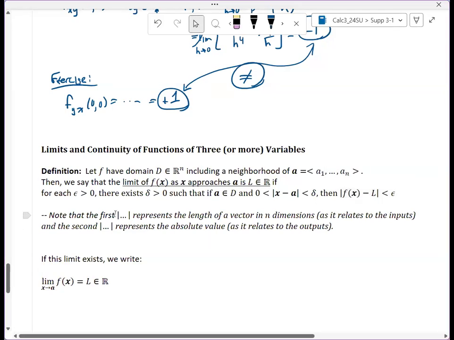A little side note, the first absolute value looking symbol represents the length of a vector in Rn, and the second represents the absolute value. I guess it's kind of the length of a vector in one dimension.